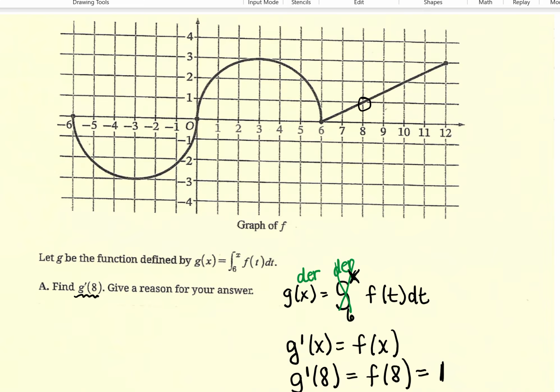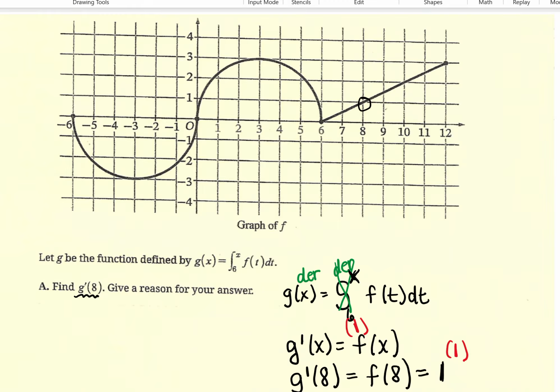So g prime of 8, which is f of 8, equals 1. If you are able to get the association that g prime of x is f of x, give yourself the first of those 9 essay points. Then, if you are able to get the value of 1, give yourself the second essay point.